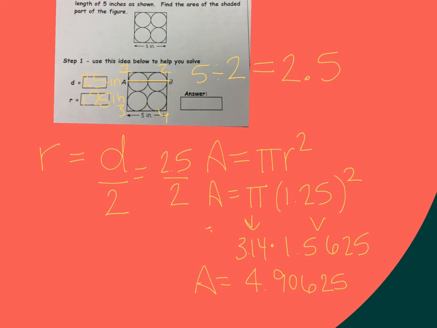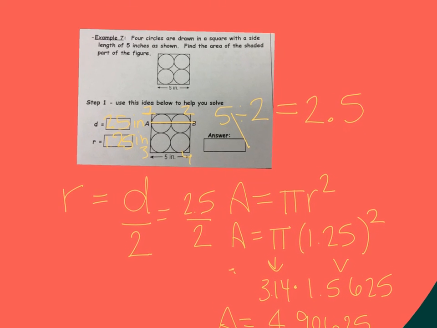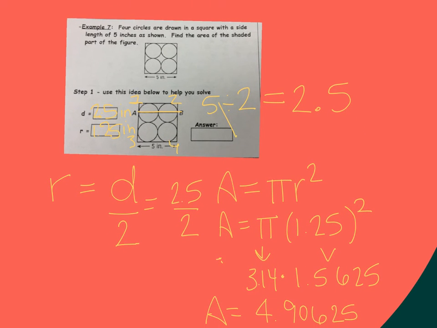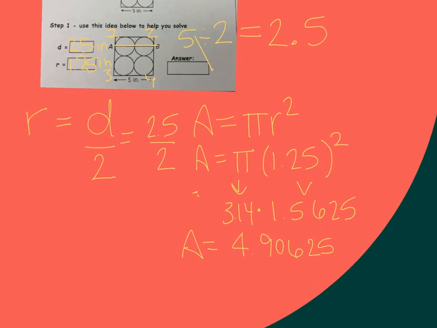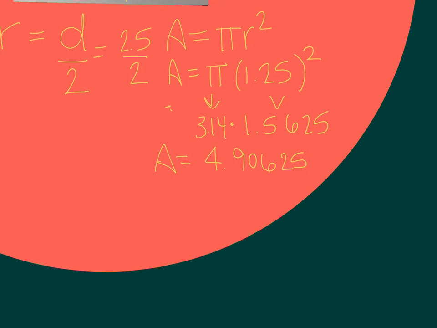And that gives me this long decimal of 4.90625. Now, if we go back and look, we want to find the area of the shaded part of the figure, which is the circles. How many circles do I have? That's right, I have 4. So we have figured out the area of one circle is 4.90625. Since I have 4, we're going to multiply this by 4 to get our total area.